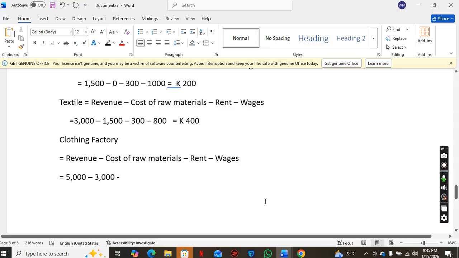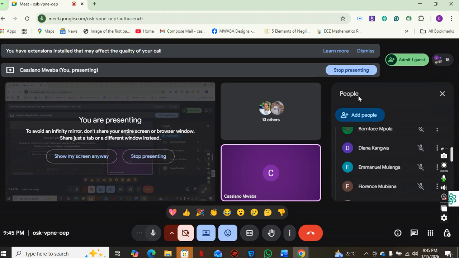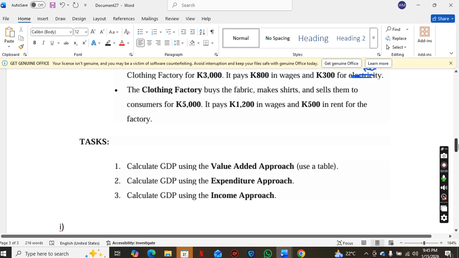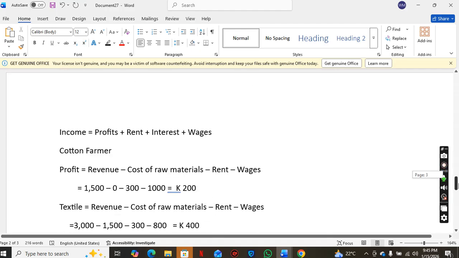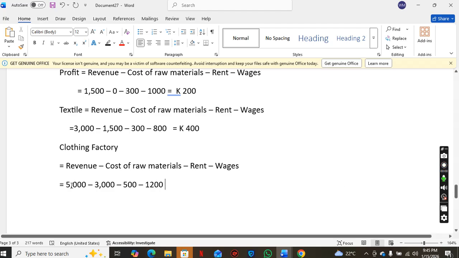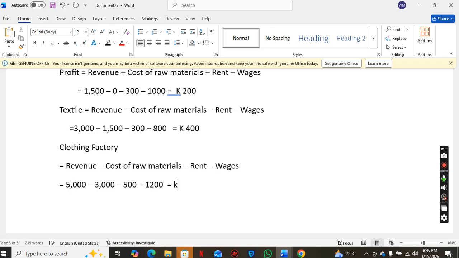Minus the rent, 500, wages 1,200. 5,000 minus 3,000 is 2,000. 2,000 minus 500 is 1,500. 1,500 minus 1,200, you get 300 kwacha. Right?